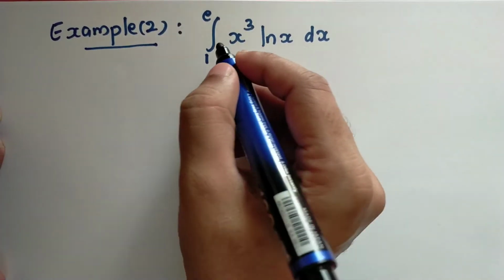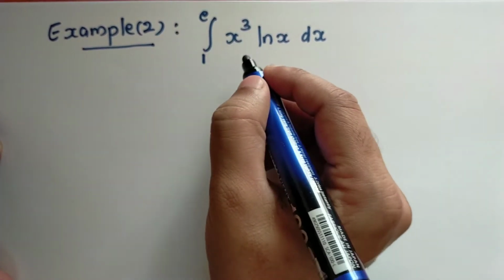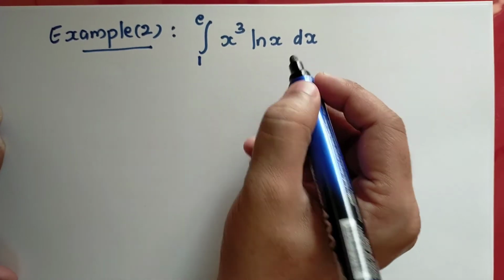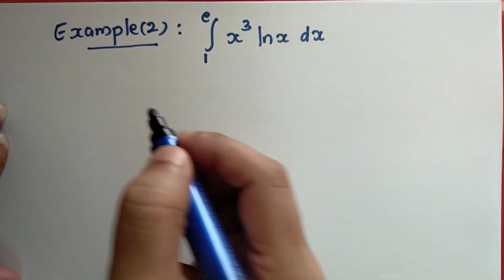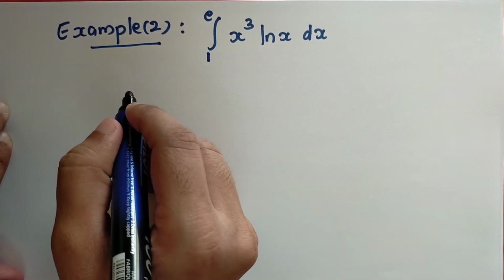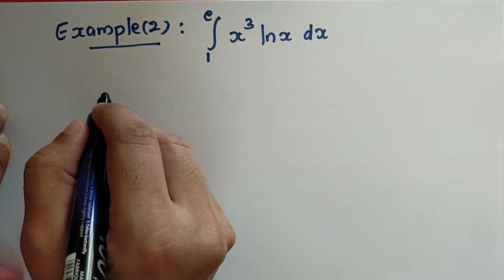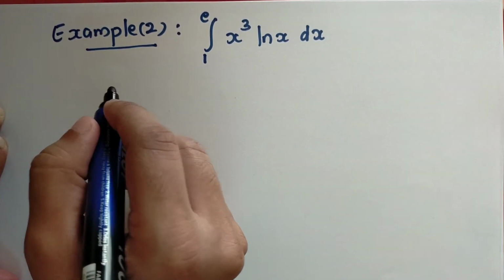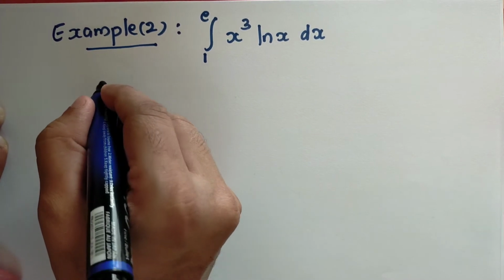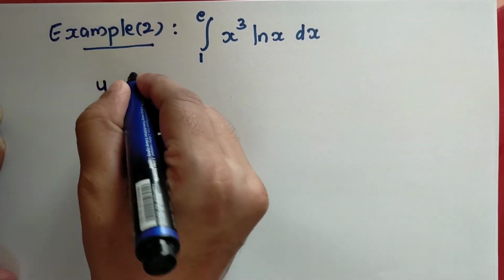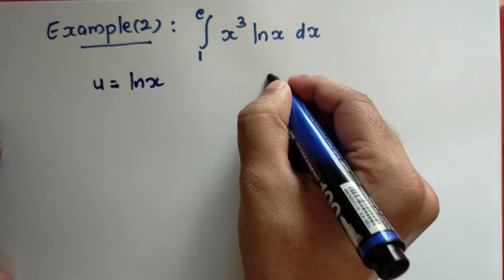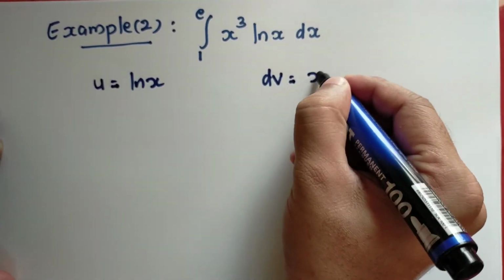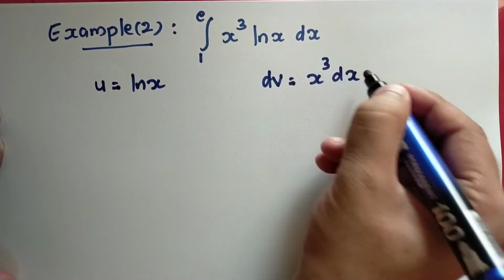Example 2, integral 1 to e of x power 3 ln of x dx. First, we have to integrate this function, but here we will use integration by parts. So by ILATE rule, we can take u is equal to ln of x and dv is equal to x power 3 dx.